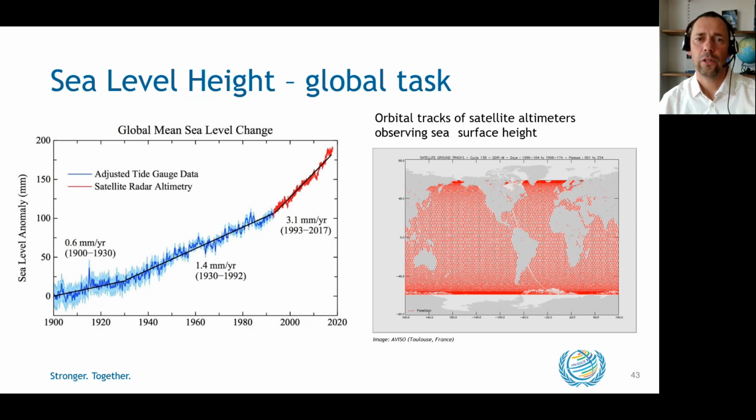Now we turn to another example. The sea level change is a quite familiar and important parameter that reflects the climate change. In the figure on the left, the graph shows the development of the sea level rise over more than a century. In the last decades, the rate is around 3 millimeters per year.